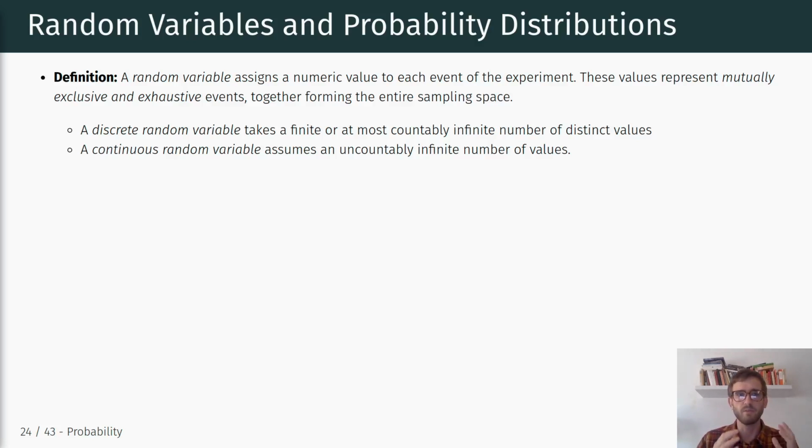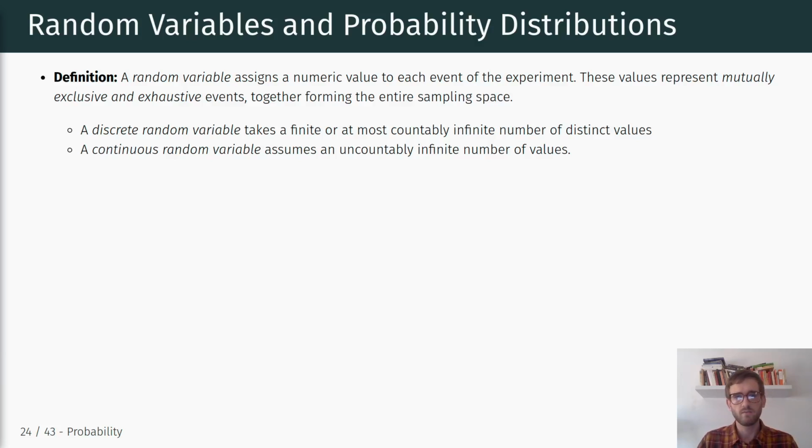These values represent mutually exclusive and exhaustive events, together forming the entire sampling space, right? So in the context of flipping a coin, this would be assigning a 1 for heads and a 0 for tails, for example, right? Or assigning specific numbers for vote choices, right?